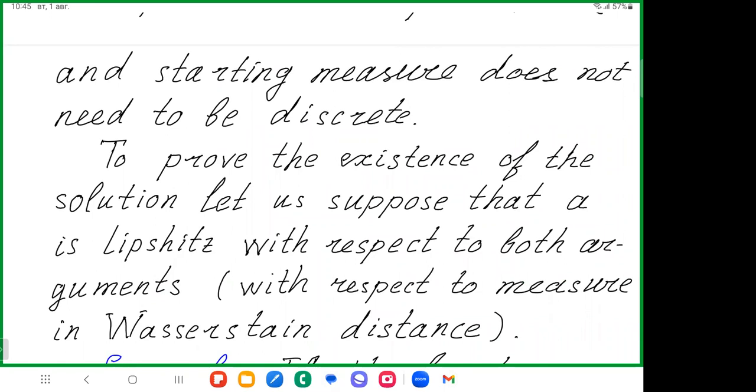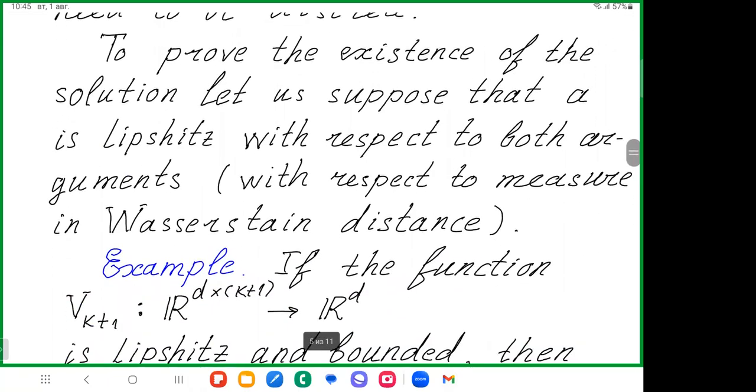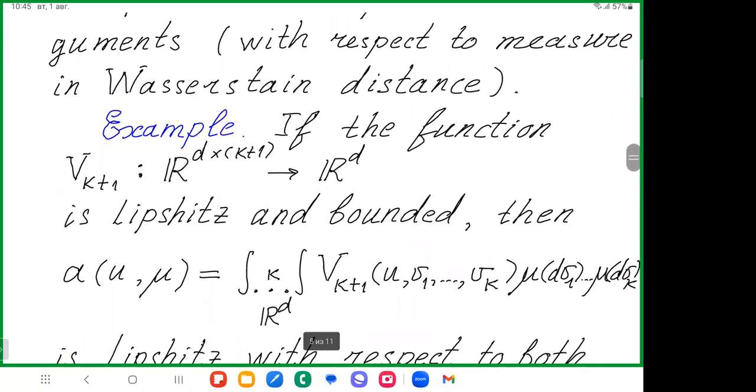Yesterday, we discussed what the Wasserstein distance is on the space of probability distributions. By the way, this example is very important.